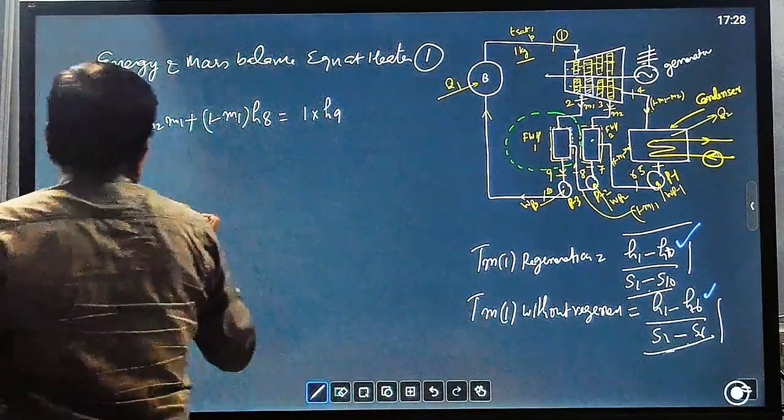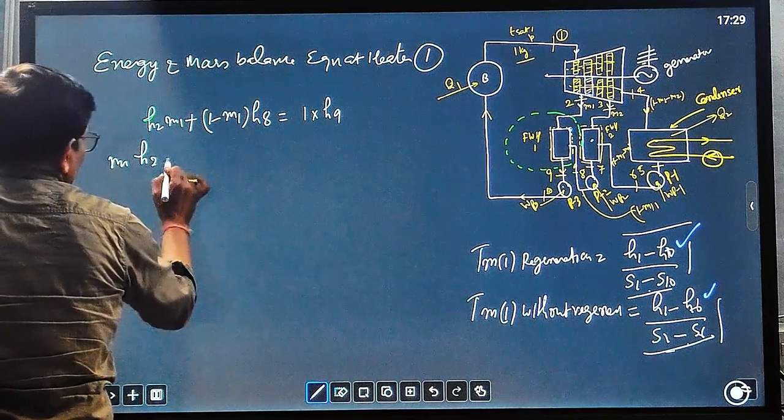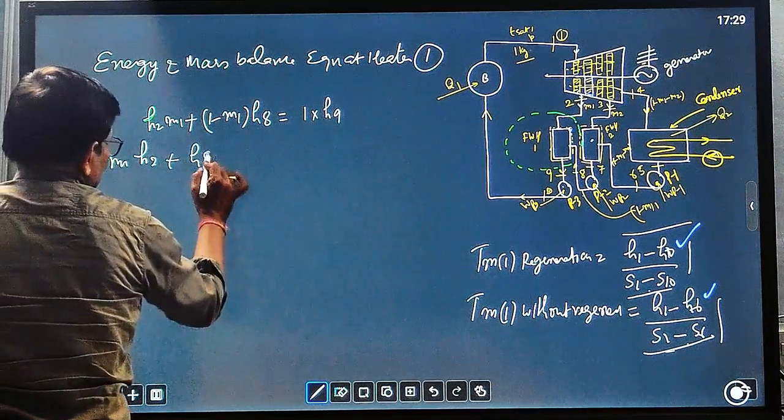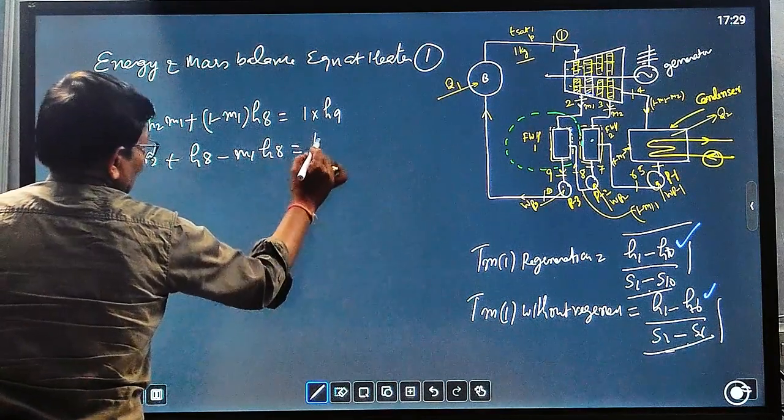So balancing this: M1 into H2 plus H8 minus M1 into H8 equal to H9.